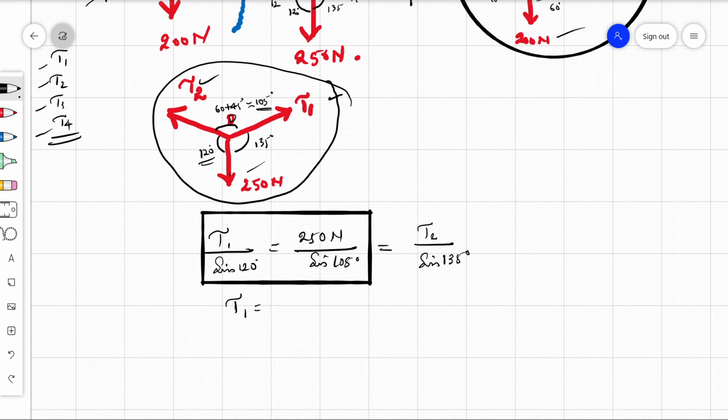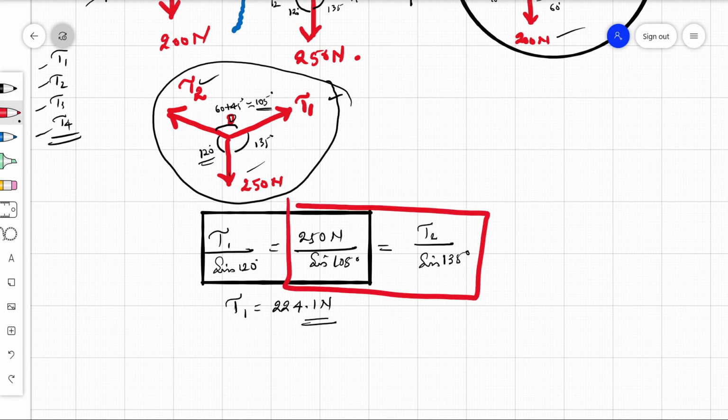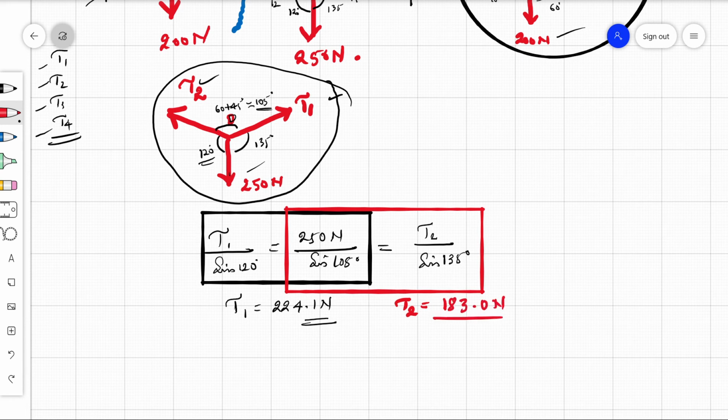So if I calculate this first, I get T1 as nearly 224.1 Newton, and if I calculate this equal to this, I get T2 equal to around 183 Newton nearly.